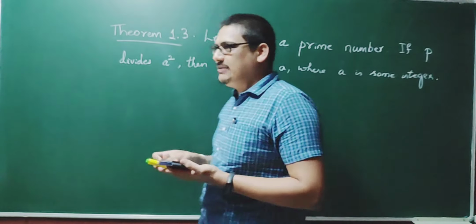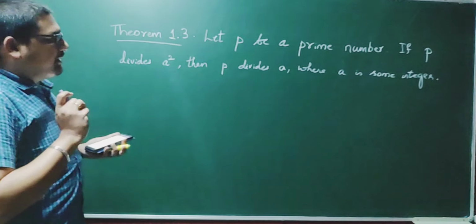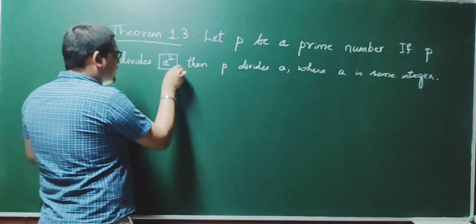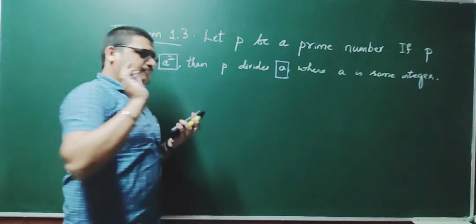So let me read this. Let p be a prime number. If p divides a square, then p divides a, where a is some integer.